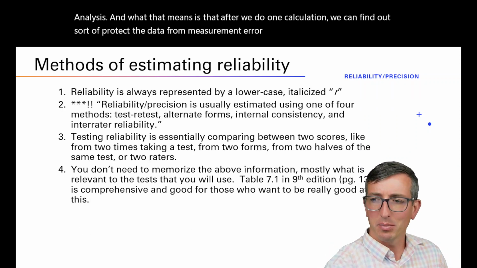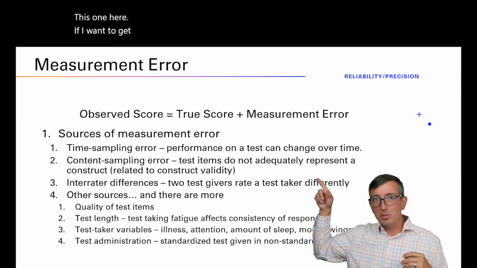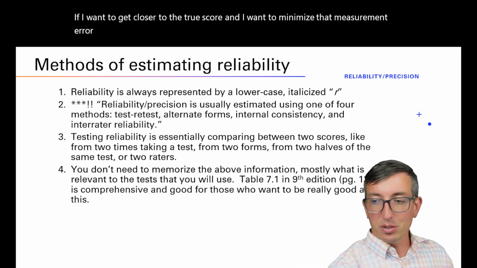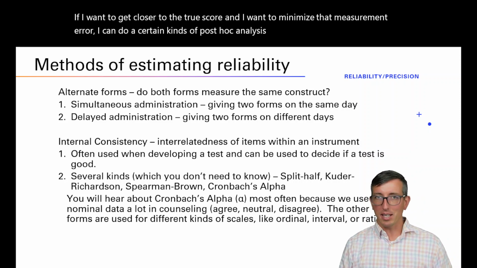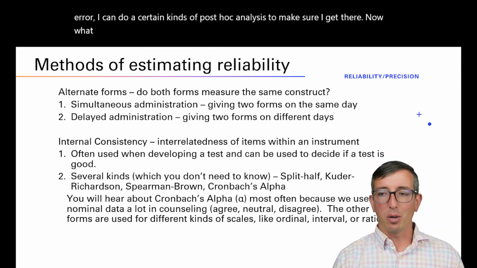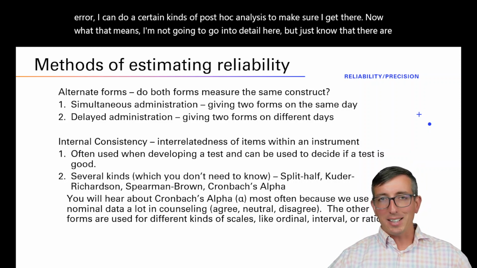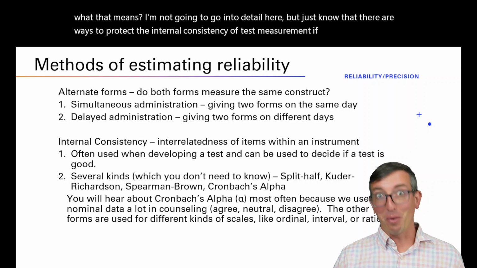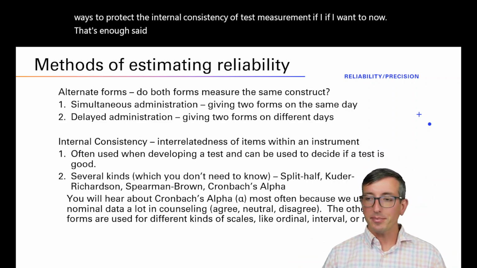Remember when I used that term? If I want to get closer to the true score and I want to minimize that measurement error, I can do certain kinds of post hoc analyses to make sure I get there. I'm not going to go into detail here, but just know that there are ways to protect the internal consistency of test measurement if I want to. Well, that's enough said about that.